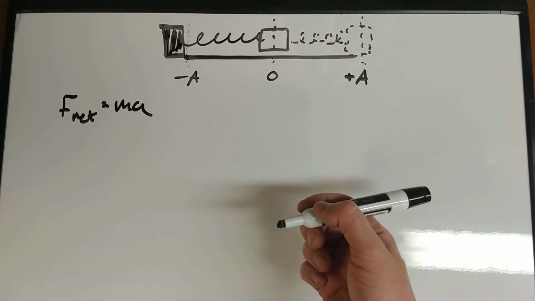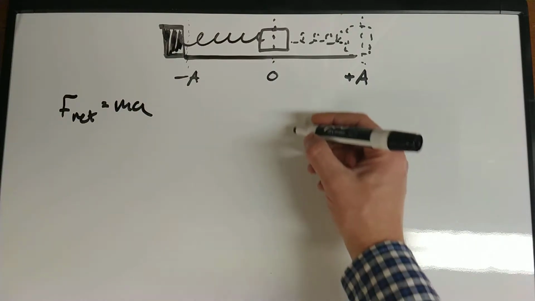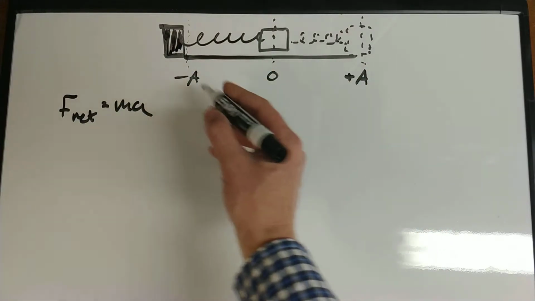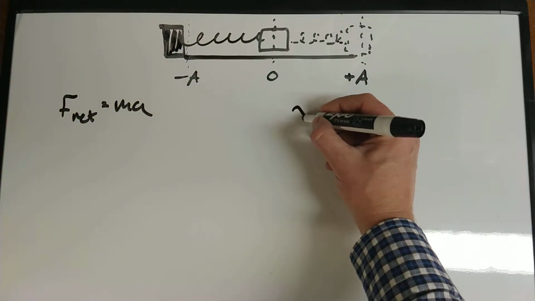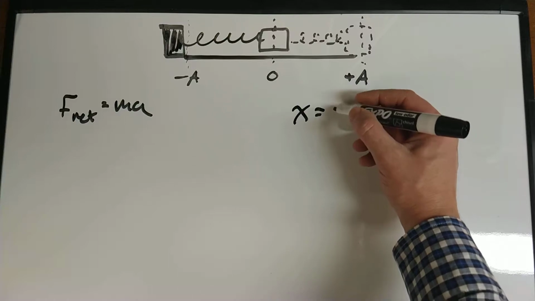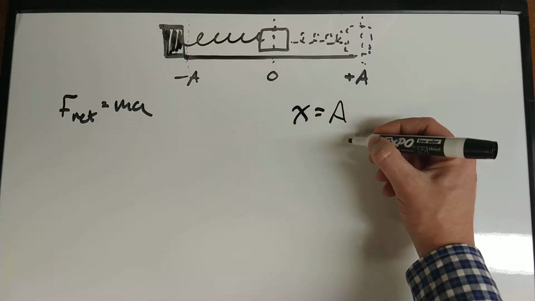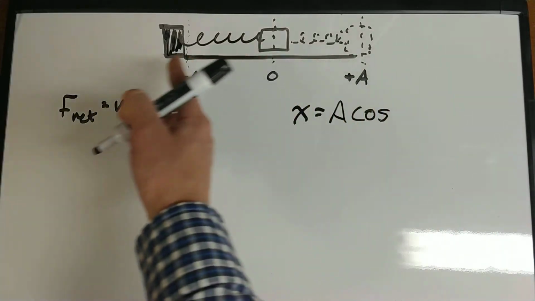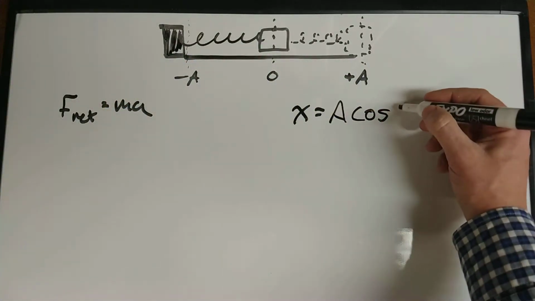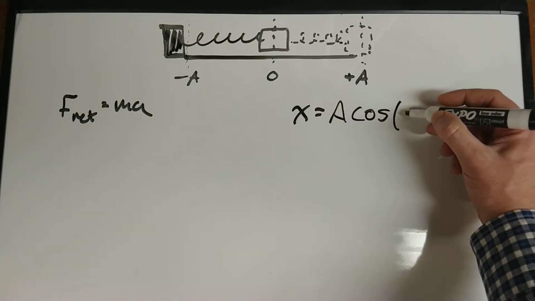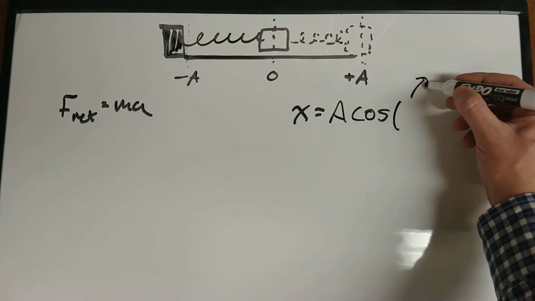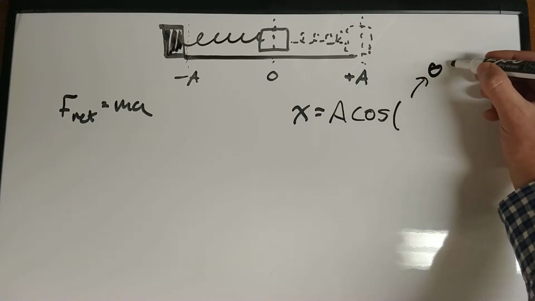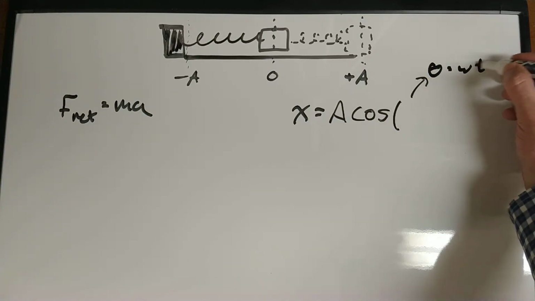For this one, we know from experiment and observation that the position as a function of time is the amplitude multiplied by the cos of its angular position, theta, which is also omega t.